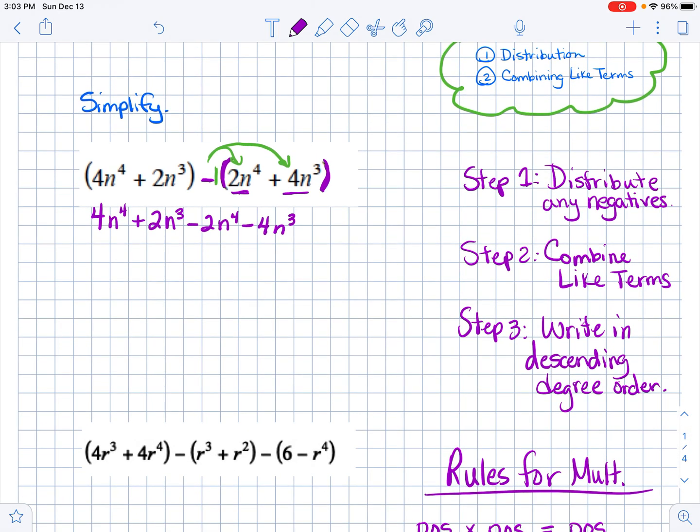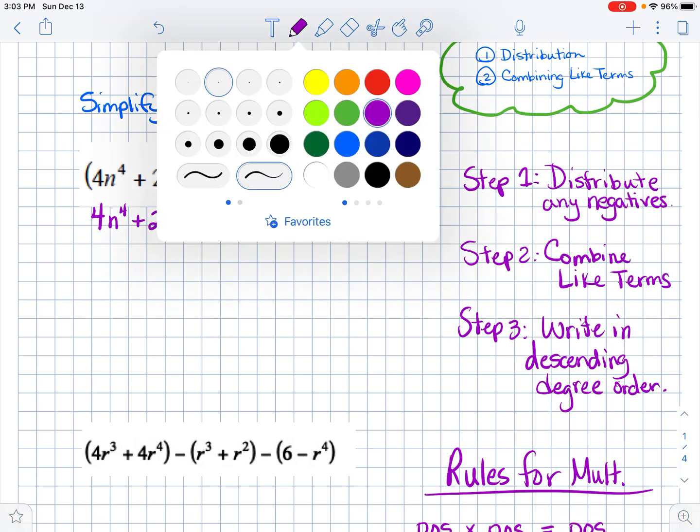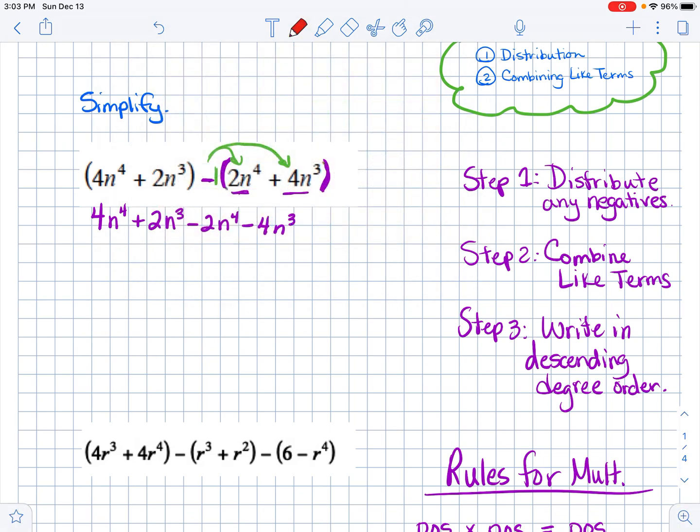Now, this is the point where we are going to need to combine our like terms. But we're going to do two things at once. We're going to do steps 2 and 3 at the same time. So before we combine our like terms, we need to talk about something called descending degree order. When we write an expression, the best way to write that expression is in something called descending degree order.